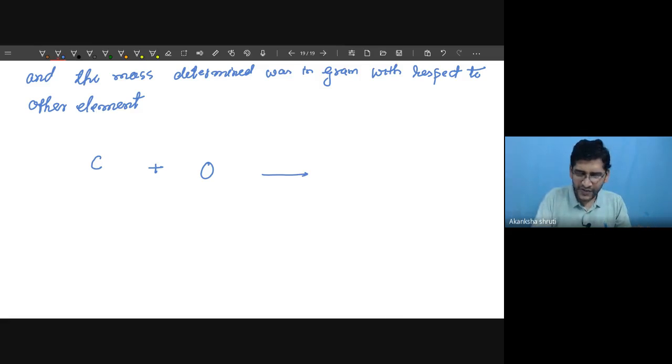Then it was found that this carbon reacted with oxygen, means all the carbon got burned. Oxygen is denoted by O2, so for the reaction we are using the term O2 rather than O. Carbon dioxide, CO2.